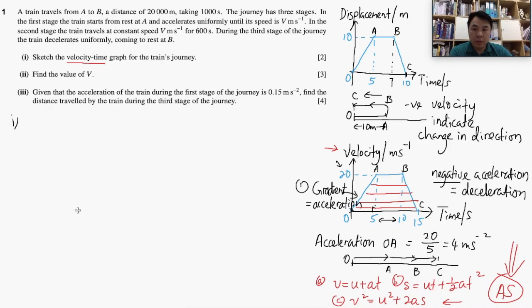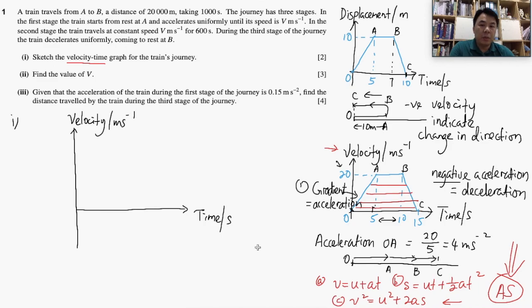First of all, I would have the time here, in seconds, and then I would have velocity here. Make sure you make it a habit to write down the unit of measurement in this case.